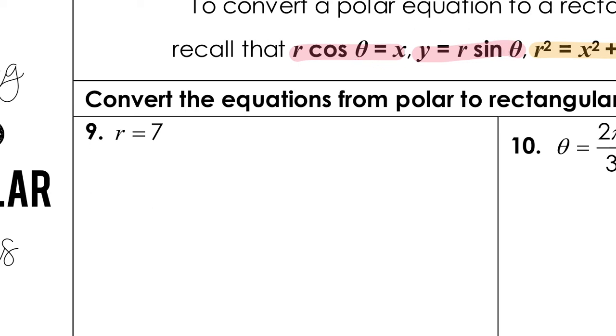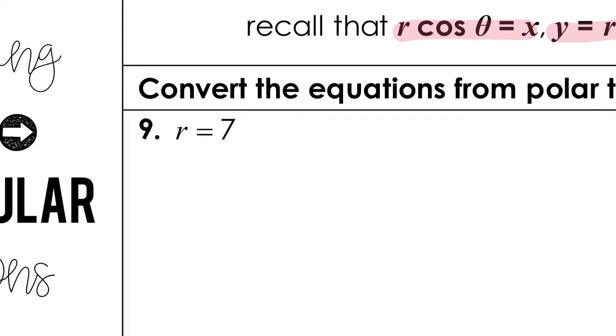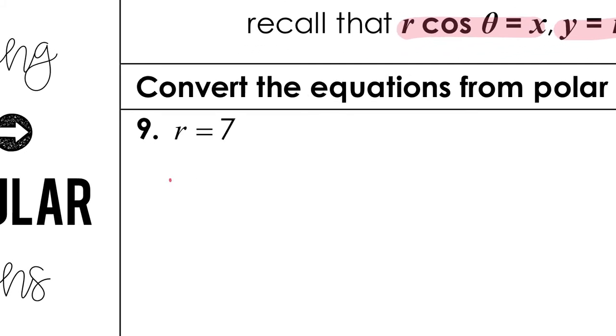I think we have to use this one over here in orange. r squared is equal to x squared plus y squared. So the problem is, right now it's not squared, but that's an easy fix. If I square the left, I need to also square the right just to keep everything equal. So r squared is equal to 49.